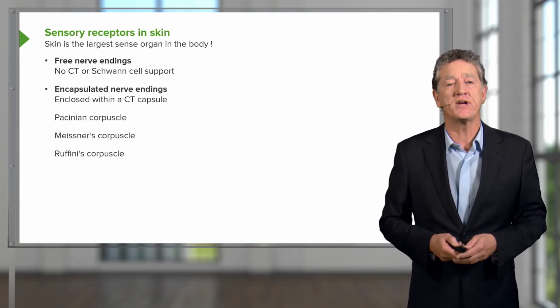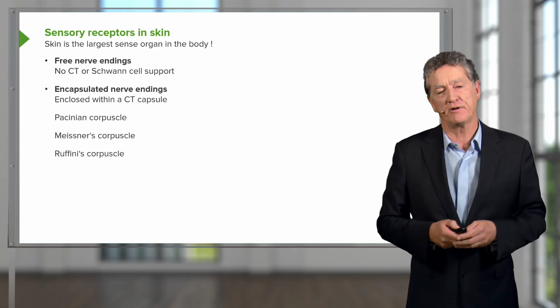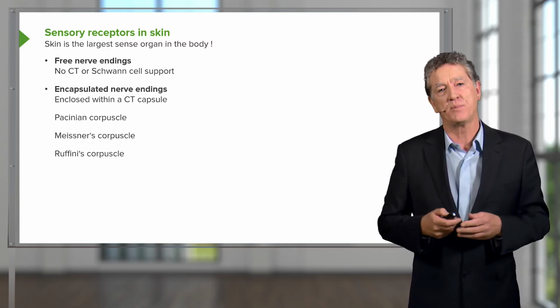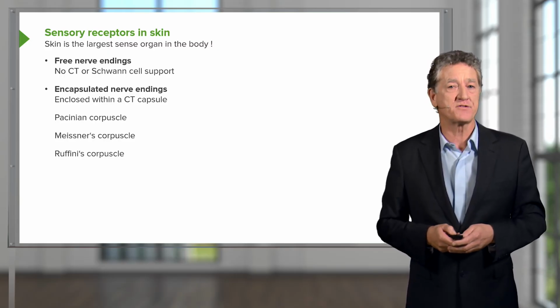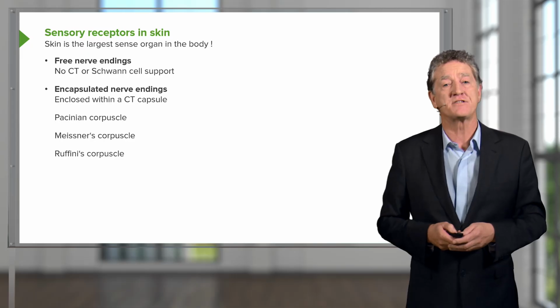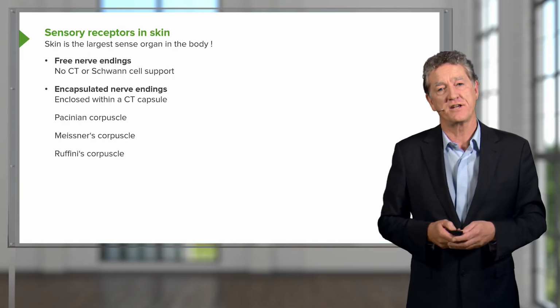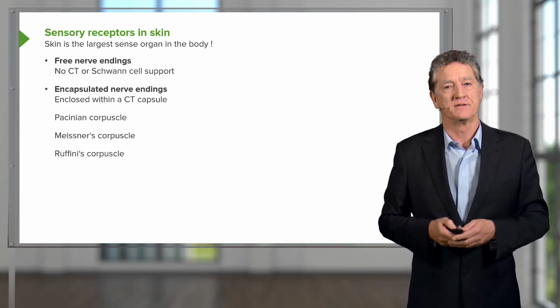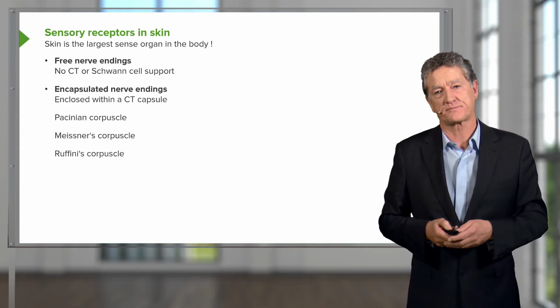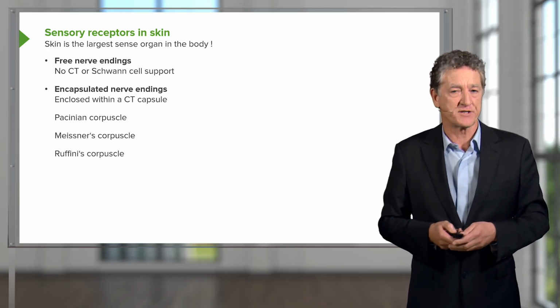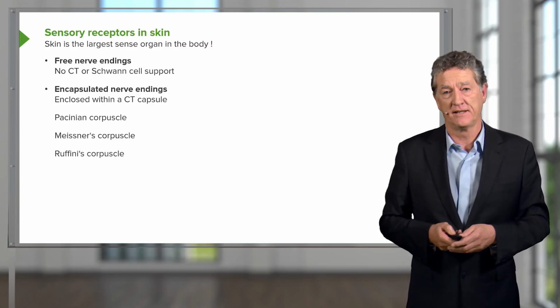So it's a huge area, and it's very, very important that the exterior coat of our body has a number of sensory components in it, sensory receptors, that detect certain sensations, like pressure, like temperature, those sorts of sensations. But I just want to introduce you to a couple of receptors that you can actually see when you look at sections of skin.